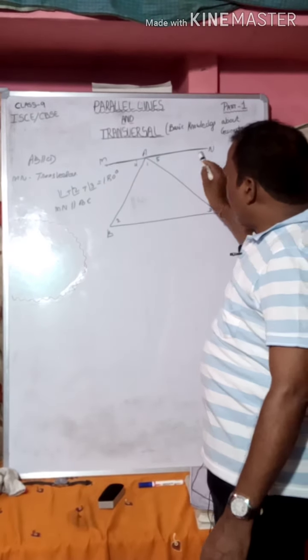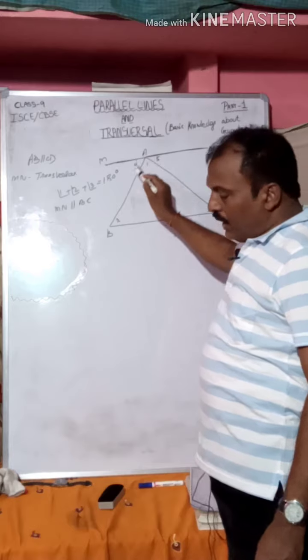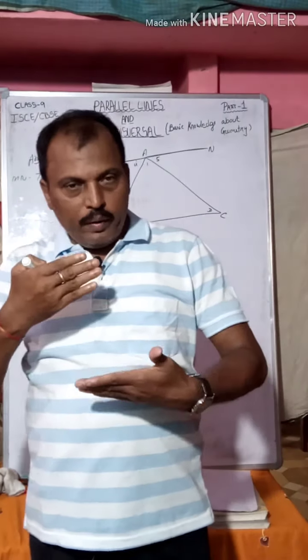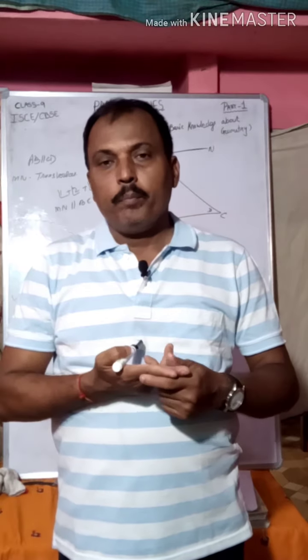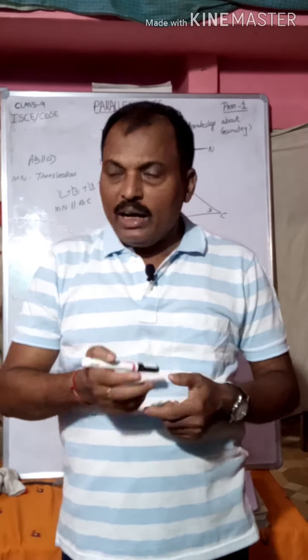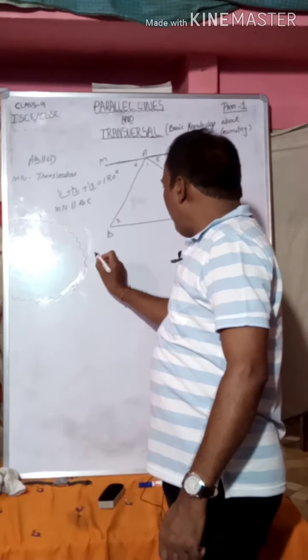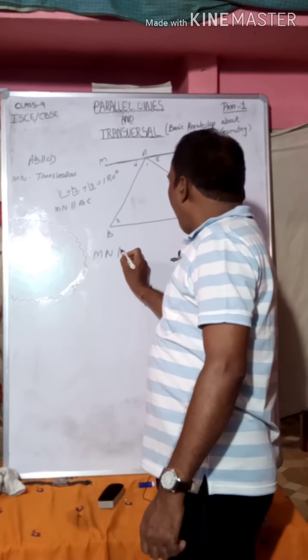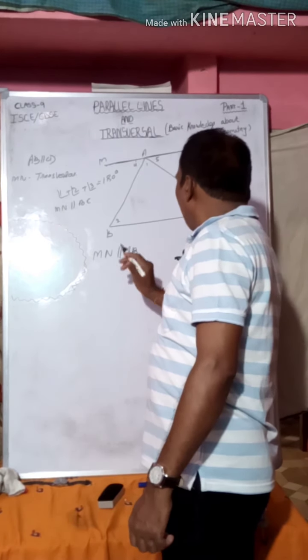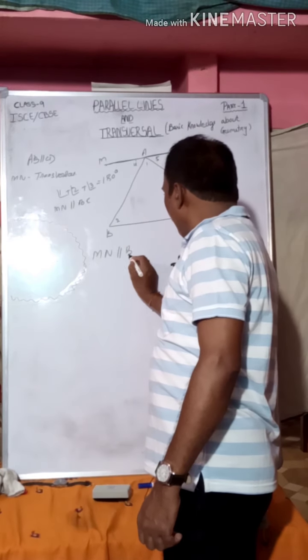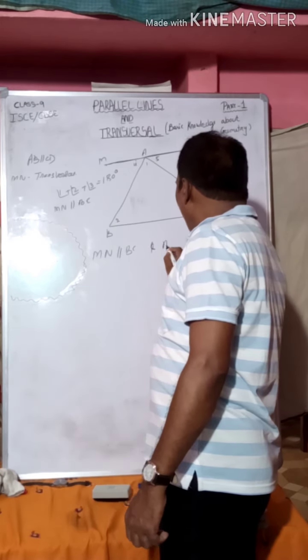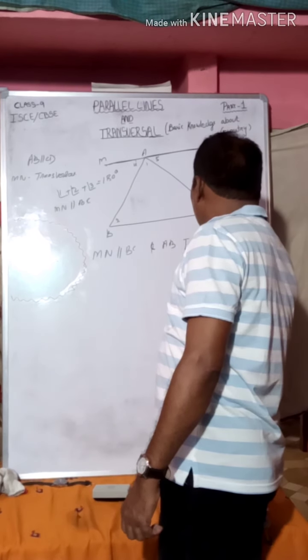When MN is parallel to BC and AB is a transversal, so by drawing one parallel line, we have two transversals. Taking one transversal, suppose MN is parallel to BC and AB is a transversal.